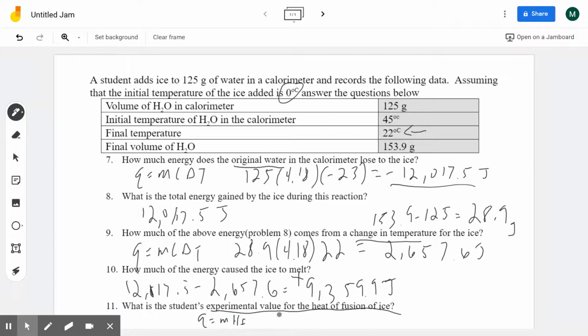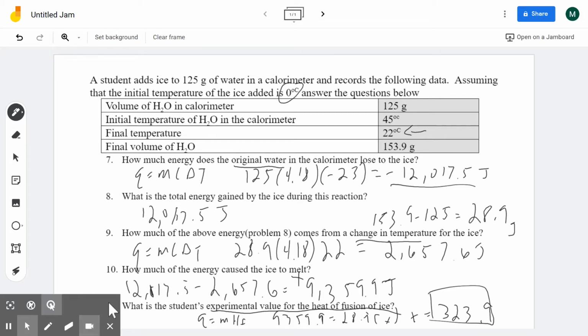So 9,359.9 equals 28.9 times X, and our experimental value is 323.9. And then the next problem, you want to calculate percent error. This is our experimental value, and then the 334 is the accepted value.